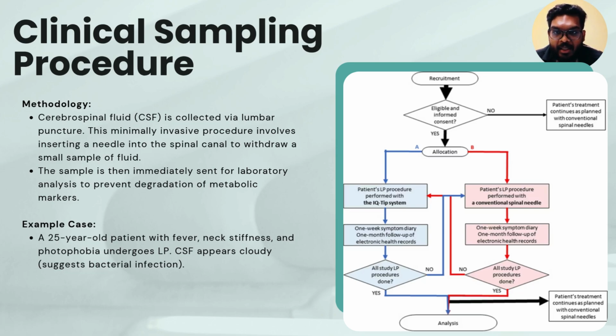Patients are allocated into groups: one with LP using a new device system, and the other using a conventional spinal needle. Such a flow assists in the accurate detection of bacterial or viral infection through CSF analysis.